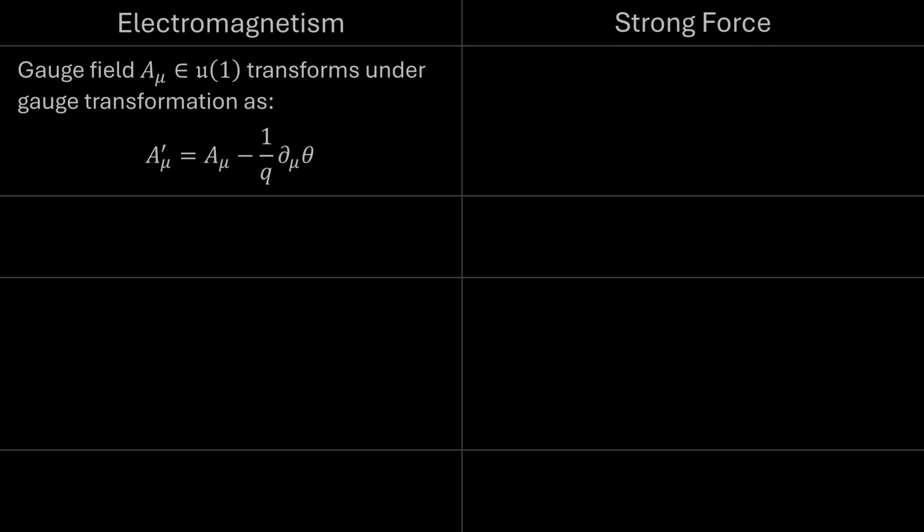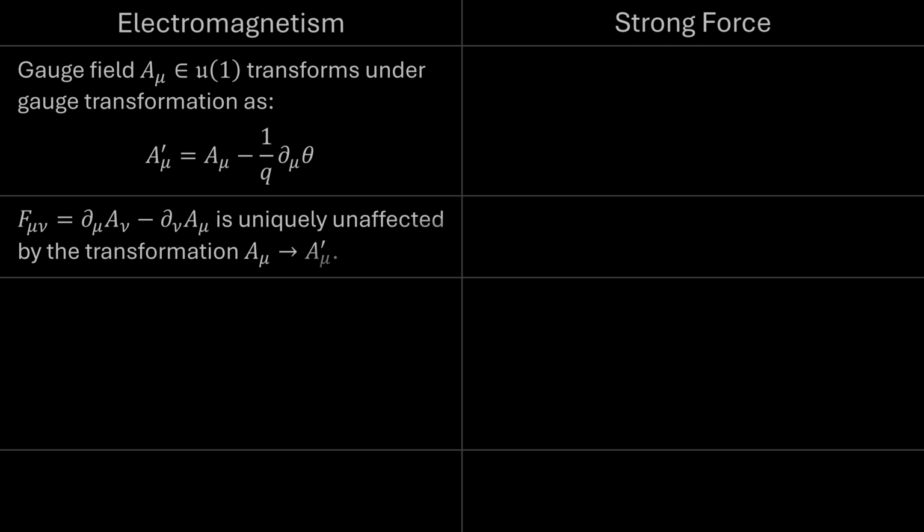But our photon field A mu needs to have a life of its own in order for it to be real, like for real, actually real, not just a mathematical thing. And so we thought about it for a while, and we realized that the only kind of thing we could make out of A mu and or its derivatives is this expression, partial mu A nu minus partial nu A mu, because that expression is uniquely unaffected by the transformation of A mu becoming A mu prime.